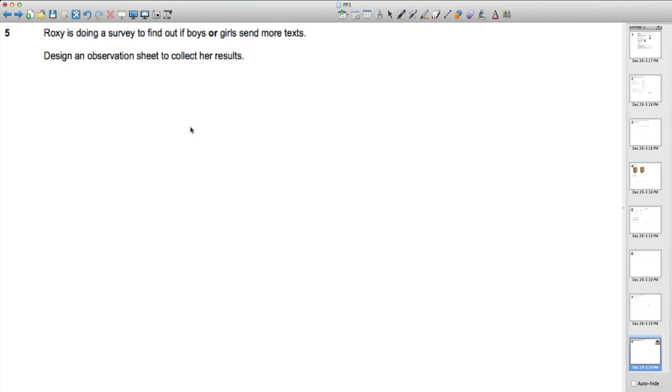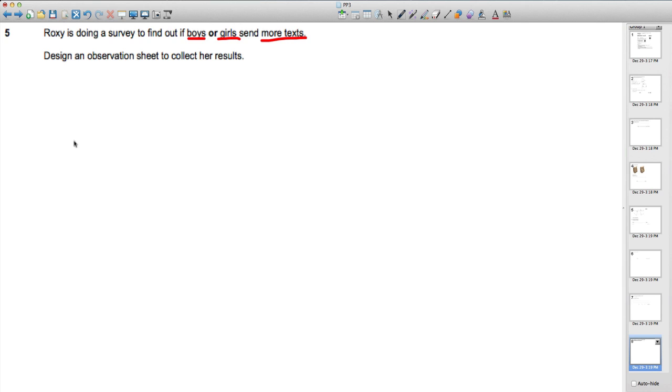Okay, question 5. Roxy is doing a survey to find out if boys or girls send more texts. Design an observation sheet to collect her results. Okay, so an observation sheet is just something that you record your scores on. So it's not something you necessarily ask someone. So you just might have something like this.